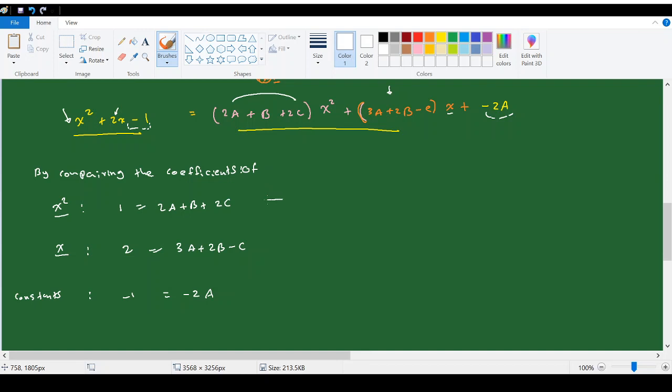So we have 3 equations and 3 unknowns. So it's just a matter of solving these linear equations, and it is very easy, right?